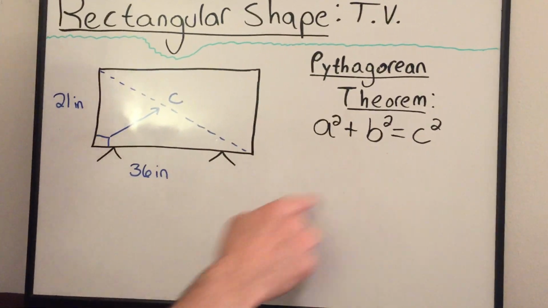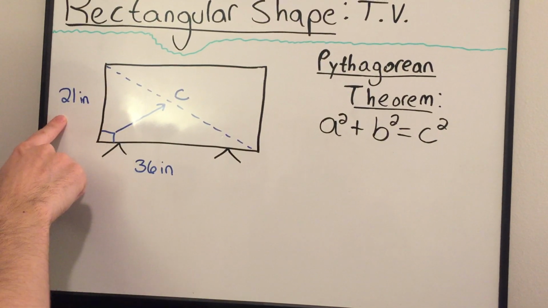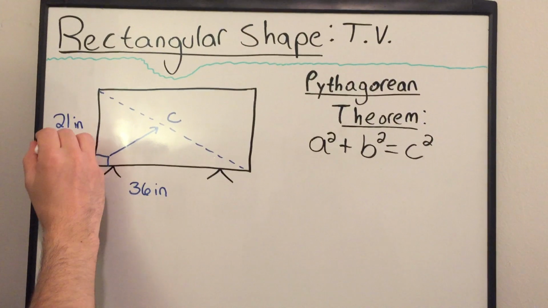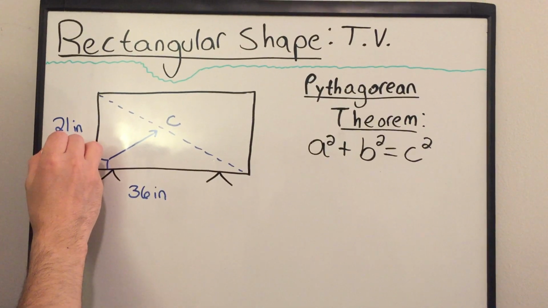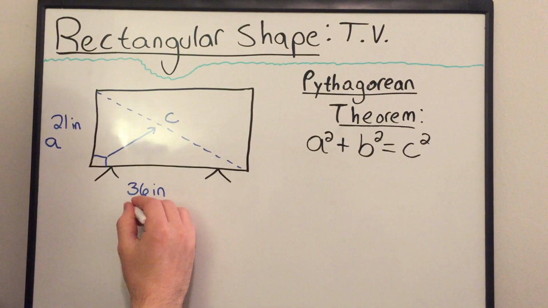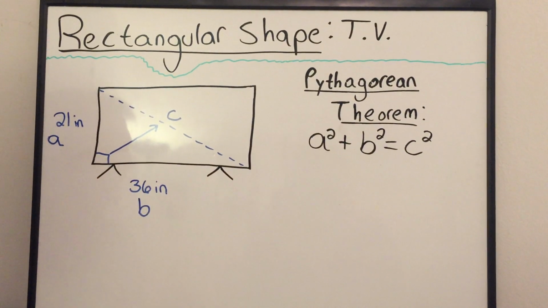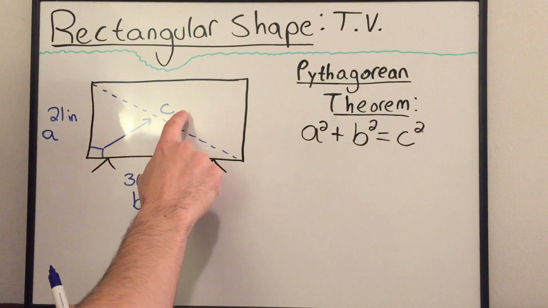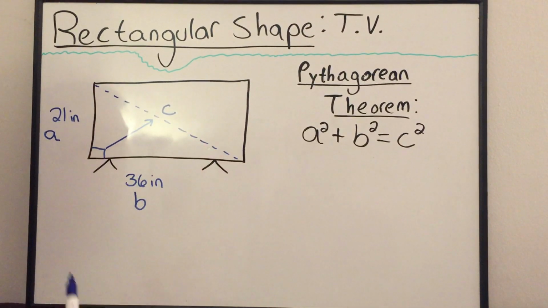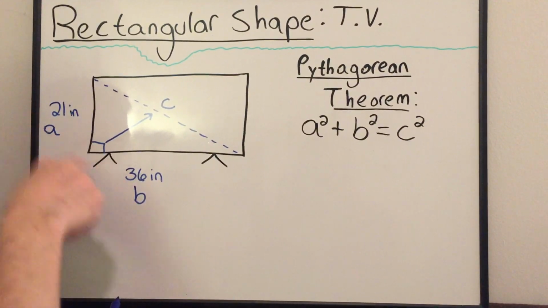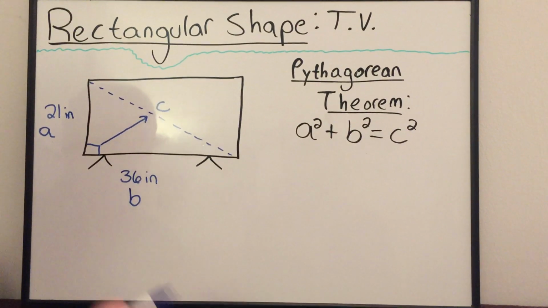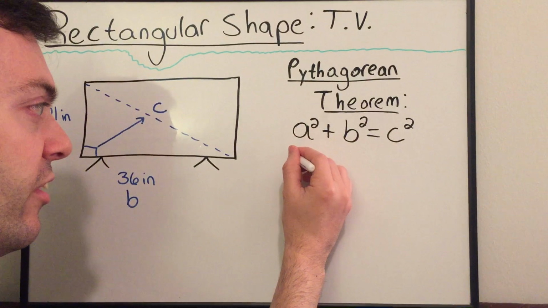Now, a and b don't really matter. a could be 21 inches, or a could be 36 inches, and b is just the other one. I'm going to call a my 21 inches and b my 36 inches. The only one that really matters that you label is c. c has to be the hypotenuse. a and b just have to be the legs of the triangle.